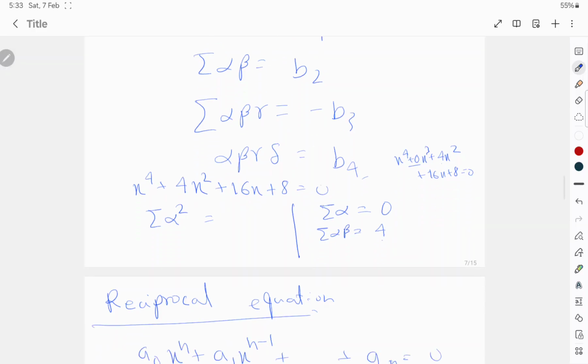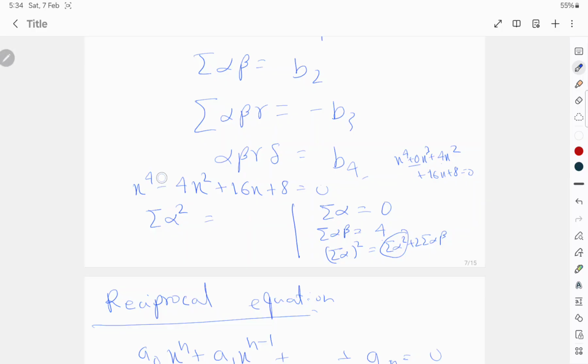Okay, so you know there is a formula: summation alpha whole square is summation alpha square plus 2 into summation alpha beta. So here basically you have to find this one, so you can easily find it, right? This type of problem you can do. Basically I have taken some random values.